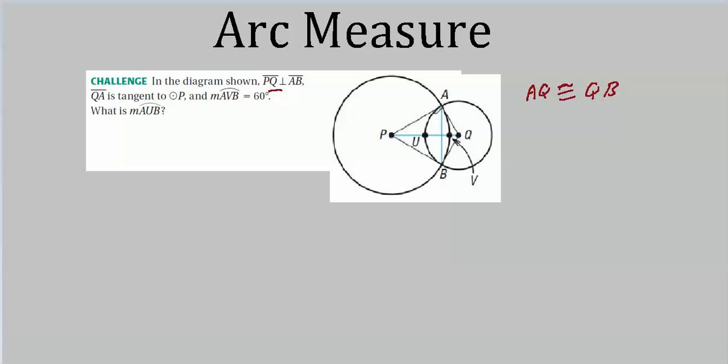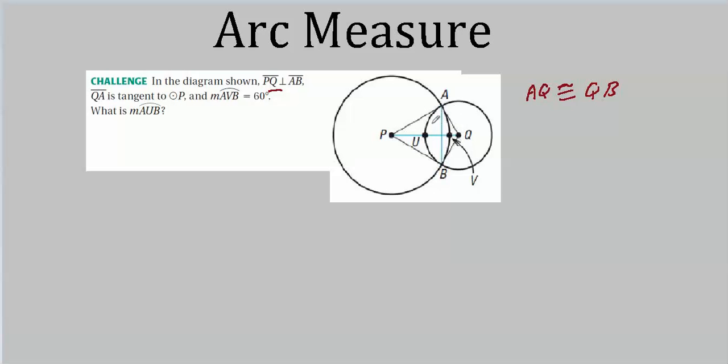Well, radii and tangents are perpendicular. That means this angle here, PAQ, we could call it. In fact, let's call it that. PAQ, that's 90 degrees. PBQ, that's 90 degrees. What do the interior angles of a quadrilateral add up to? And that includes a kite.